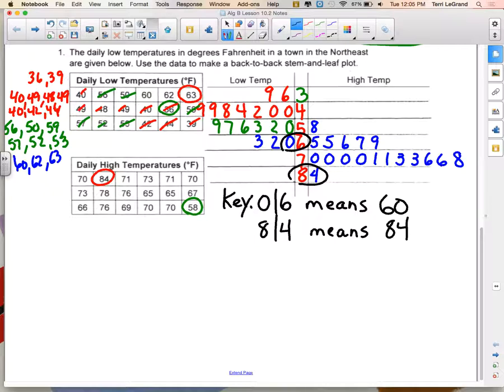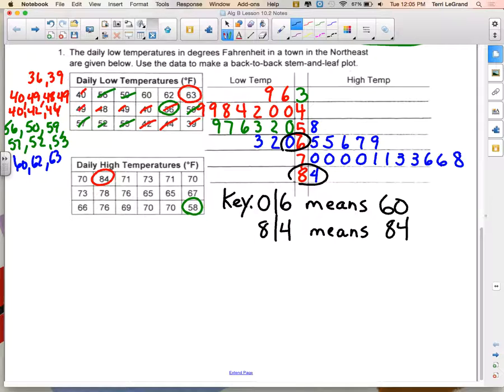Tell me, what is the range of low temperatures from this stem and leaf plot? What's the range? Josh? 36 to 63. Well, kind of, the number just turned around backwards. So 36 to 63.